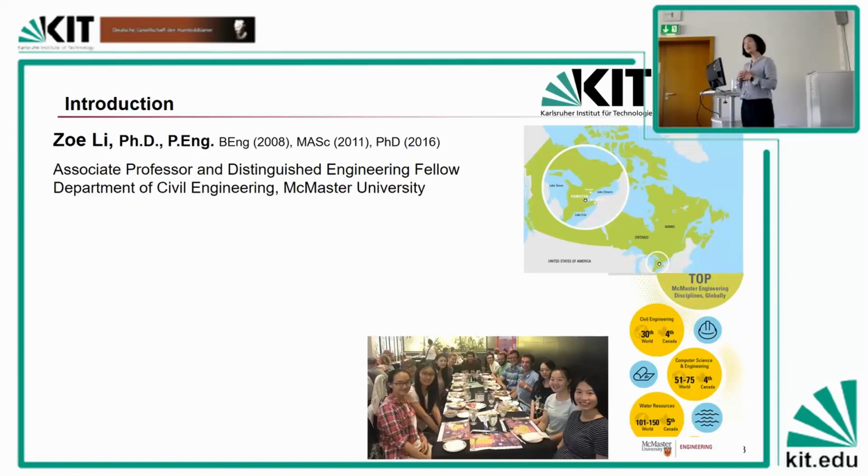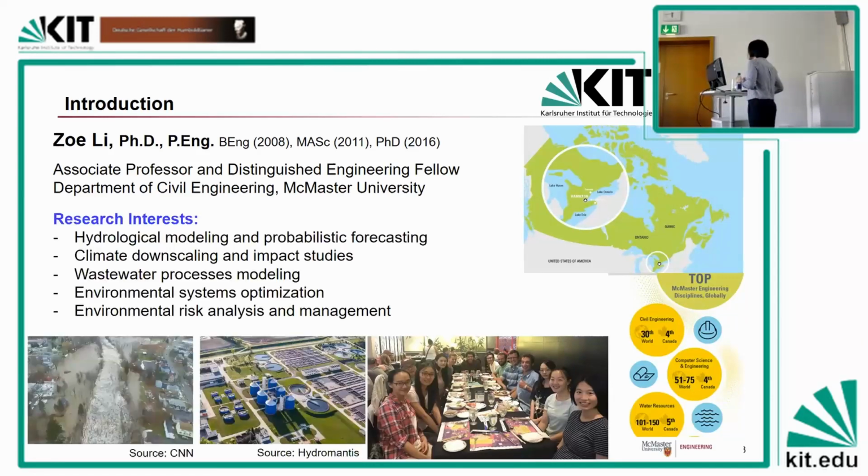So that's the group. In terms of research interest, we are modelers. So we model different kinds of environmental engineering systems. This means we model watershed level hydrological and water quality problems. We do climate downscaling so that we can analyze the local impact on different systems.